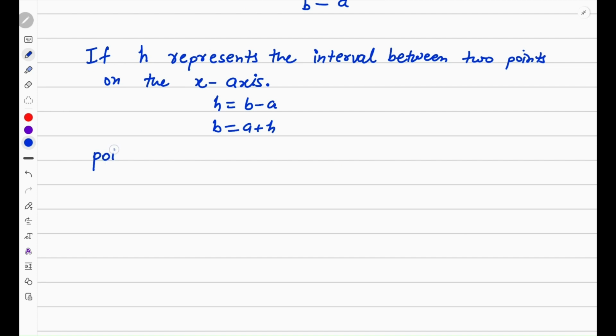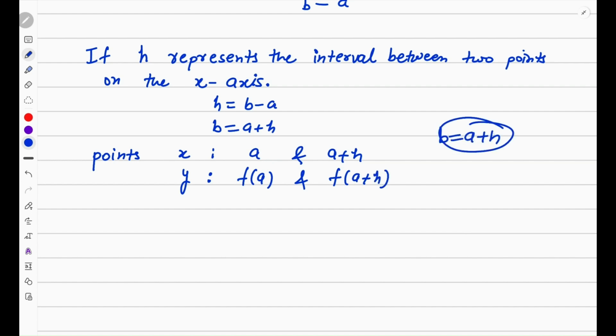So we have the x points as a and a plus h. Similarly, the y points will be f(a) and f(a plus h), because we change b to a plus h, because h is the difference between the x-axis points.